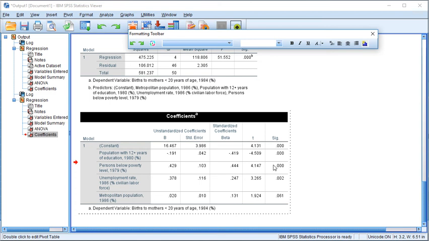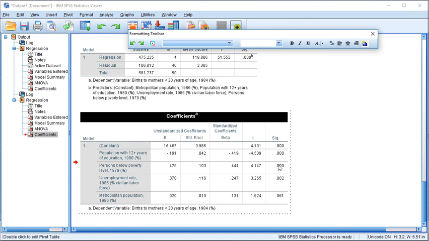If we were using a 90% confidence level, however, then it would be statistically significant because the probability value would be less than the alpha of 0.10. So whether or not the t-test for metropolitan population is statistically significant is a function of the confidence level we use for determining statistical significance.